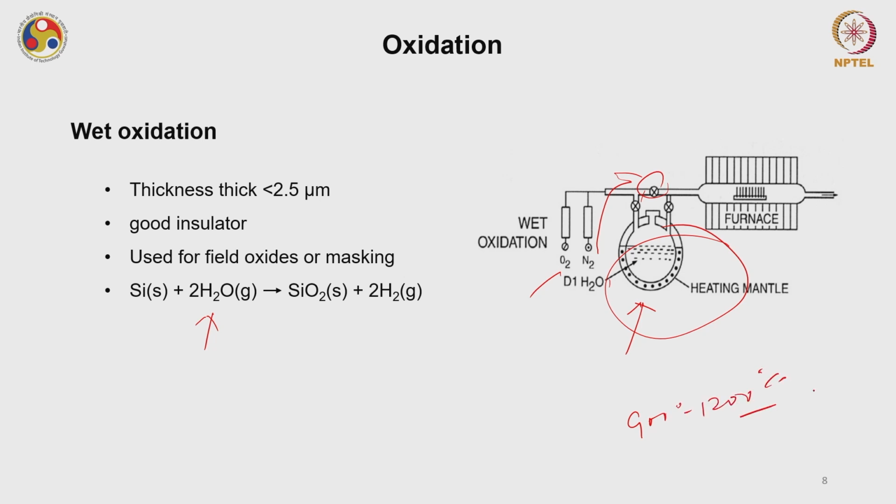It forms a very good SiO2 layer, better than the chemical vapor deposited oxides. So dry oxidation and wet oxidation are always the preferable methods, except in those places where you do not have exposed silicon. There you use a chemical vapor deposition method.